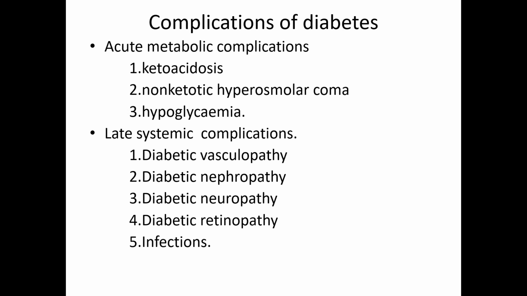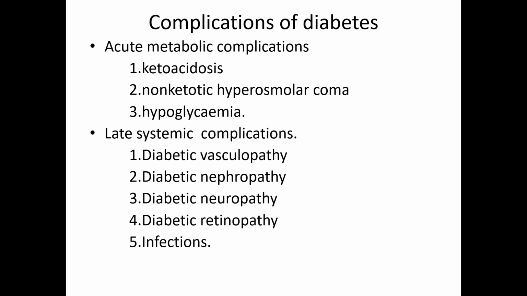Then this will lead to hypoglycemia. Hypoglycemia is difficult to tolerate and could be much more damaging immediately than hyperglycemia. So it produces confusion and even coma. This condition must be recognized in all cases of diabetes.